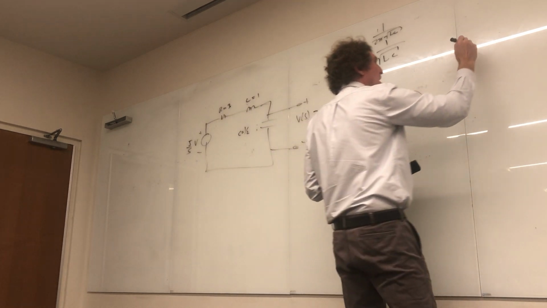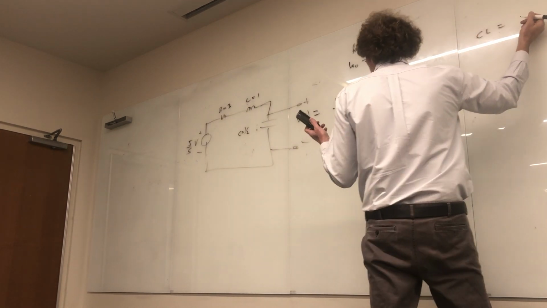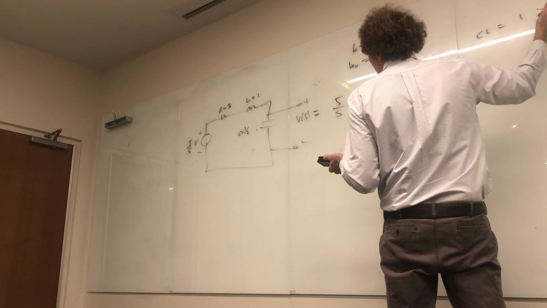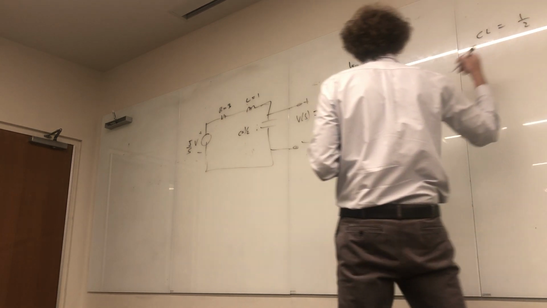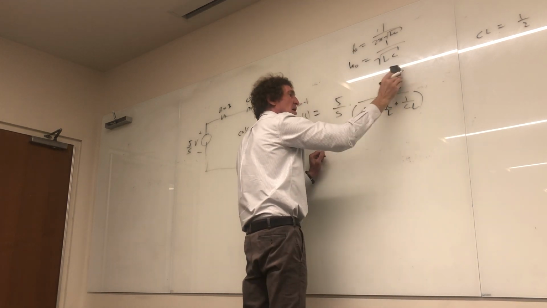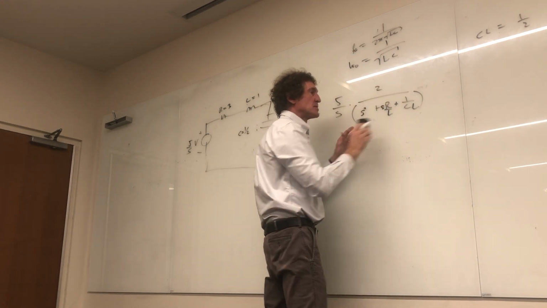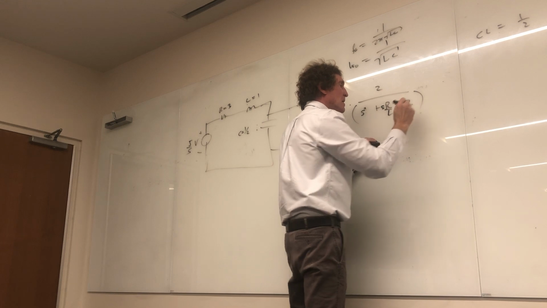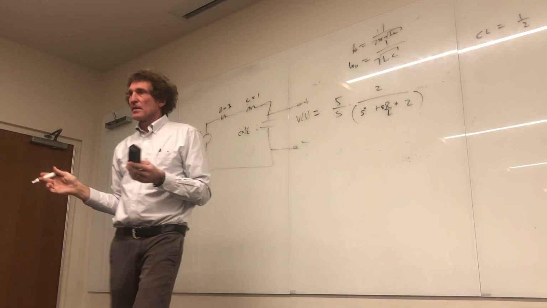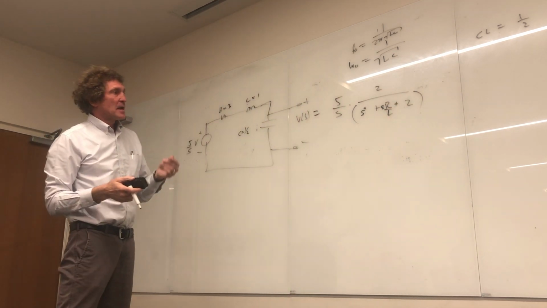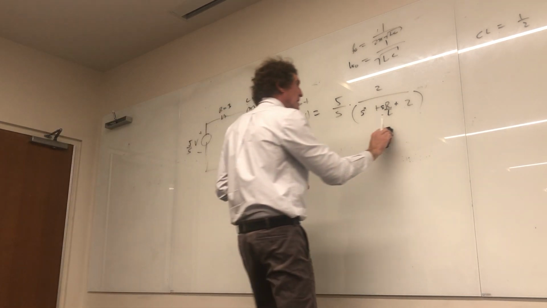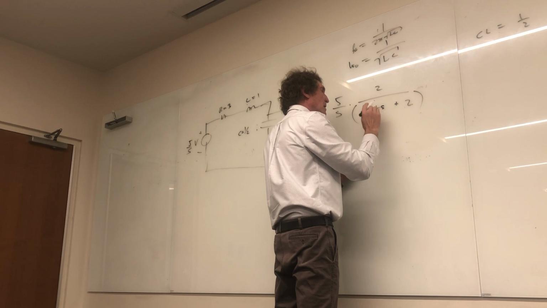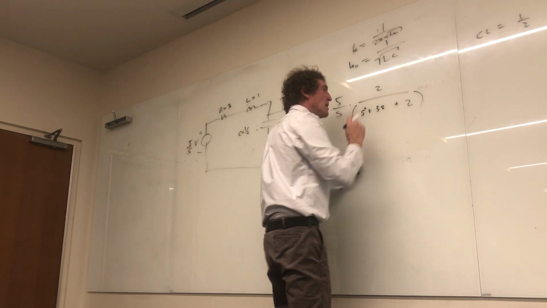That means C times L: L is 1, C is 1/2, so that's 1/2, and then 1 over that would be 2. Agree, class? That's 2, this is 2. There's nothing tricky. Next I have R over L. R is 3, L is 1, this becomes 3. Agreed?